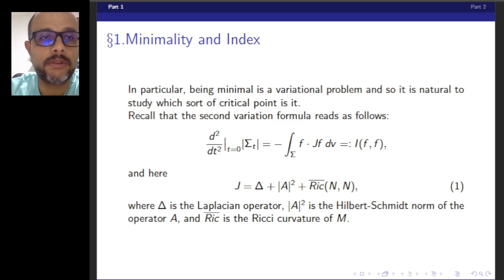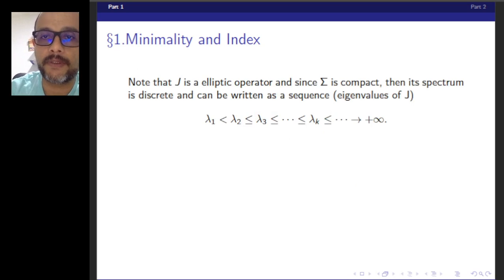So you can associate the normal variations which decrease area with the number of eigenvalues of J which are negative. This content is in the next slide.